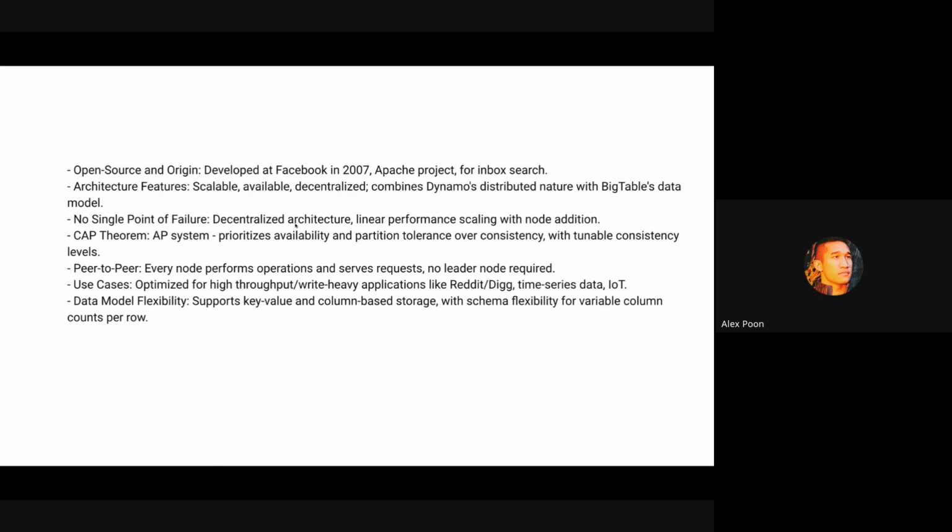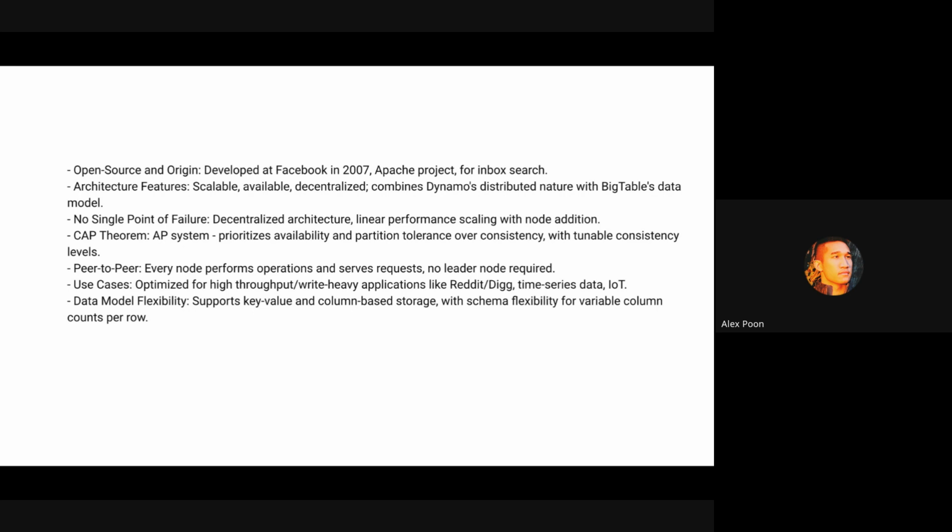Cassandra combines the distributed nature of Amazon's Dynamo, which some of you may have learned about from our previous session, which is a key value store, and the data model of Google's Big Table, which is a column-based data store. With Cassandra's decentralized architecture, there is no single point of failure in its cluster, and its performance can scale linearly with the addition of nodes.